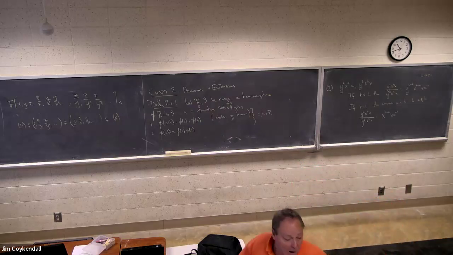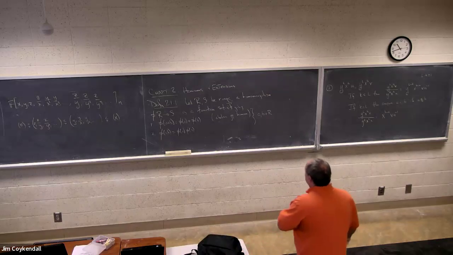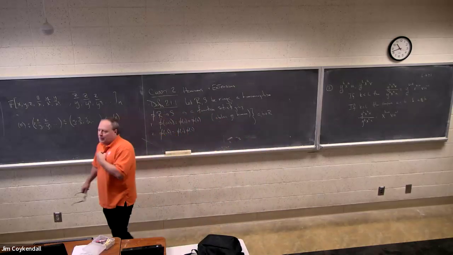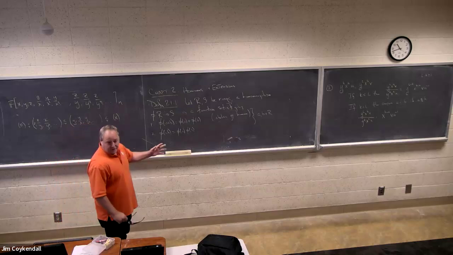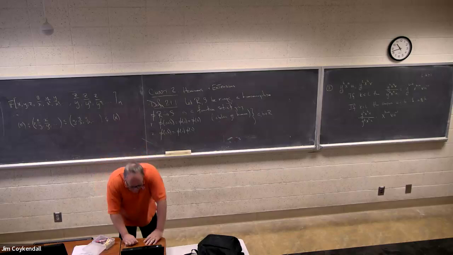Like I might say a monomorphism for a one-to-one homomorphism. I might say epimorphism, or surjective homomorphism, or an isomorphism being a bijection that is also a ring homomorphism.